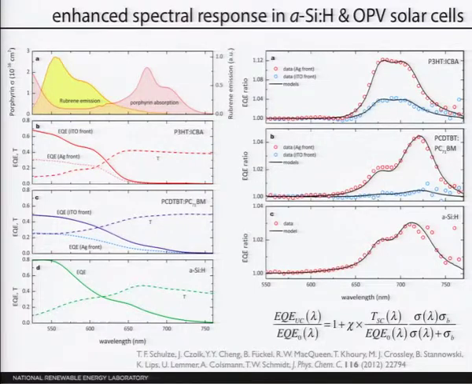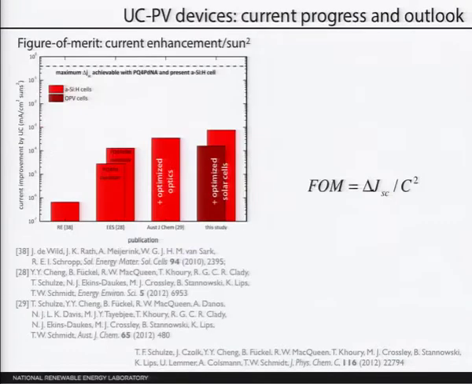And what you can see here is in the best performing system, they can get around about a 12% increase in the external quantum efficiency, which is reasonable, but not nearly as good as the maximum upconversion yield would predict.